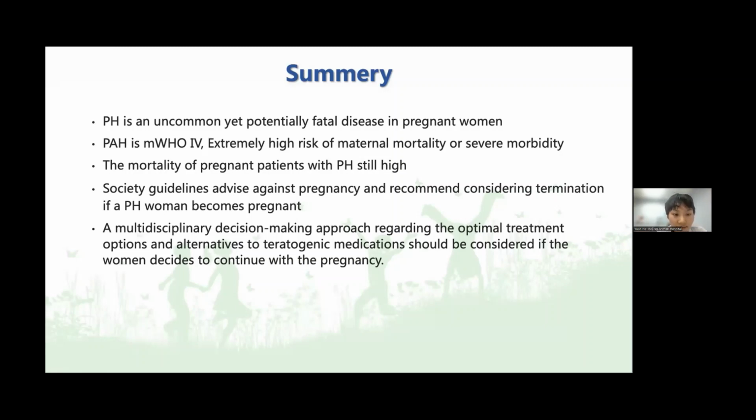The society guidelines advise against pregnancy and recommend considering termination if a PH woman becomes pregnant. And finally, a multidisciplinary decision-making approach regarding the optimal treatment options and alternatives to teratogenic medications should be considered if the woman decides to continue with the pregnancy.